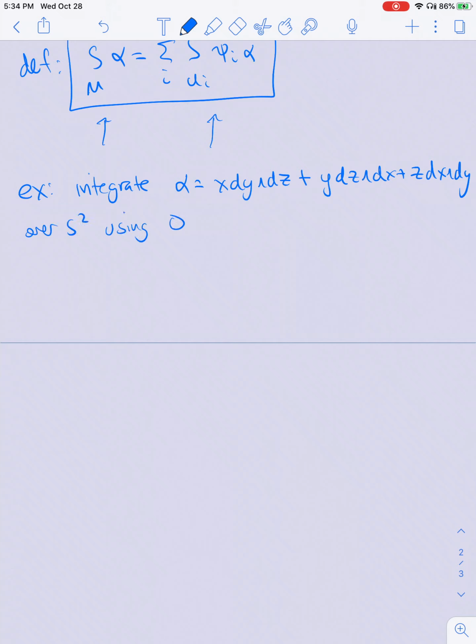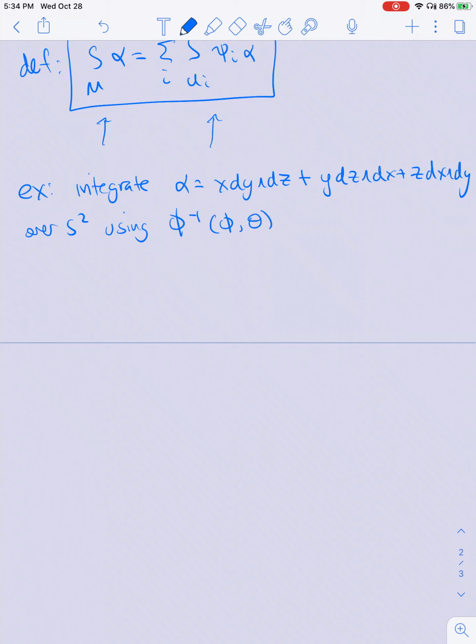Okay, so let's integrate the form alpha equals x dy wedge dz plus y dz wedge dx plus z dx wedge dy over S2 using the coordinate chart phi inverse of phi theta.